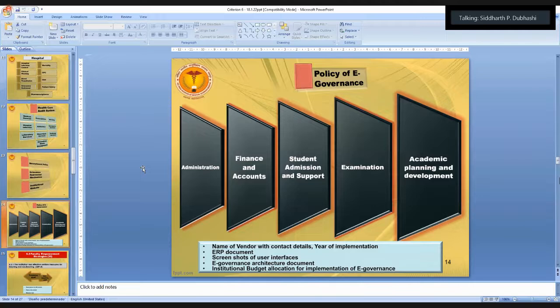Yes, I told you I would talk of e-governance subsequently, and they have given these specific 5 areas for e-governance related to administration, finance and accounts, student admission and support, examination, academic planning and development.